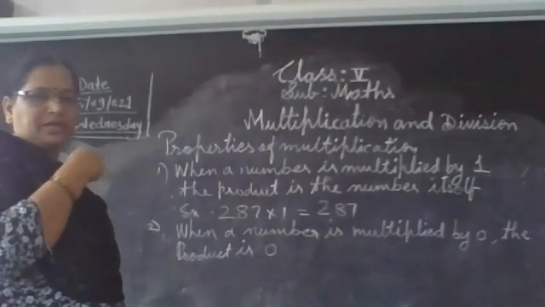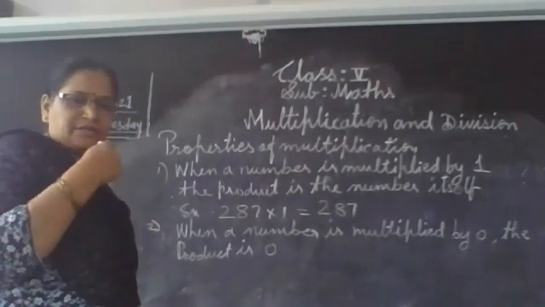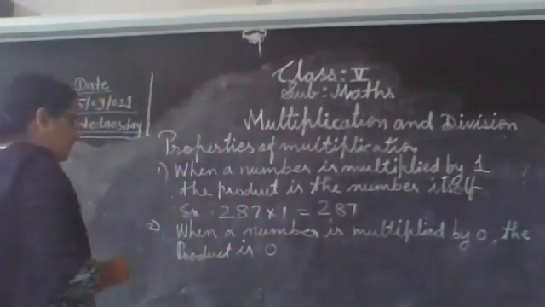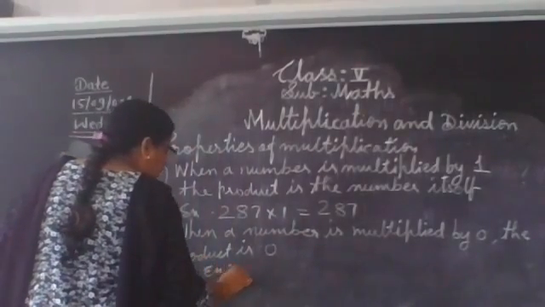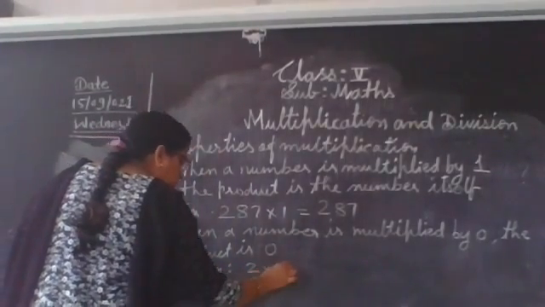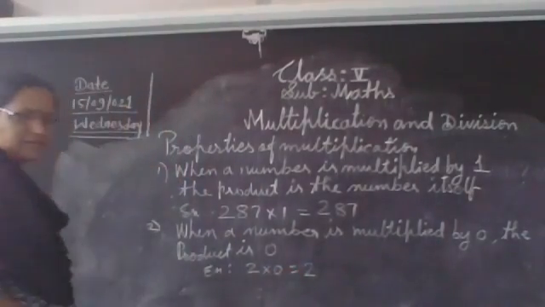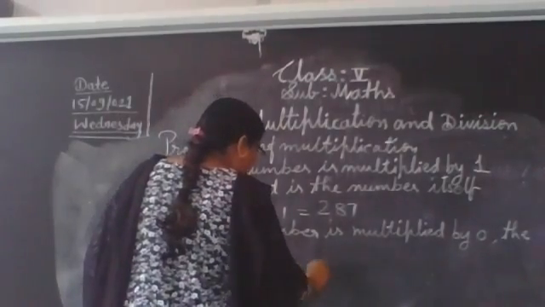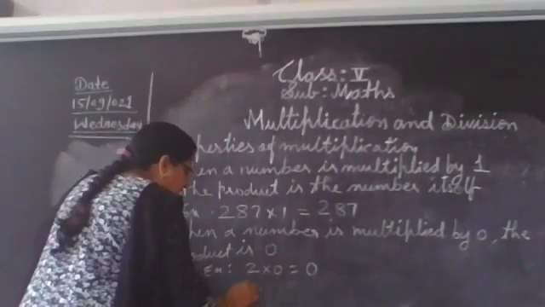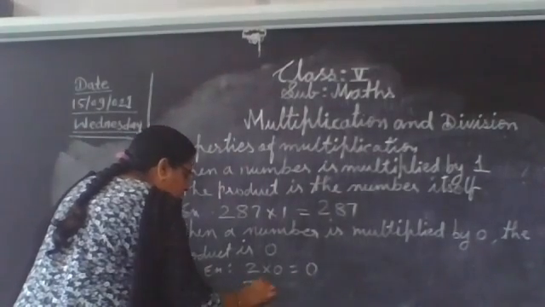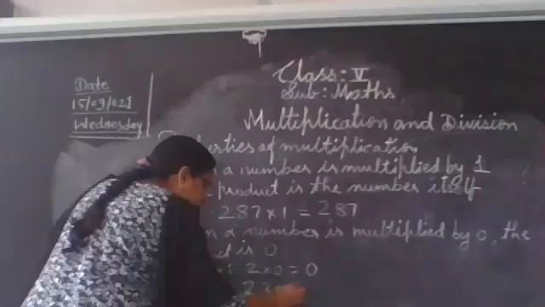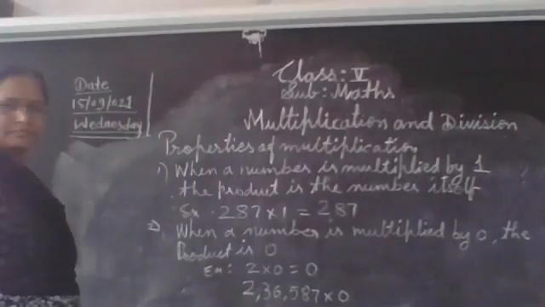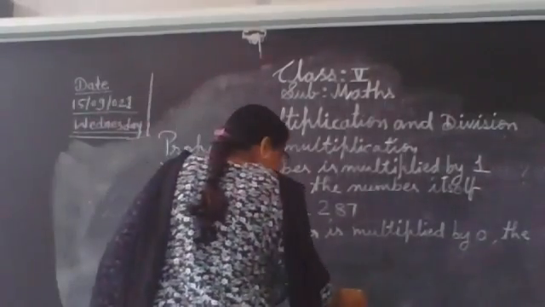So you can take any large number or any small number and multiply it by 0. The answer is 0. For example, 2 multiplied by 0. Answer is 0. Or see, here I am multiplying a large number. The product is 0.